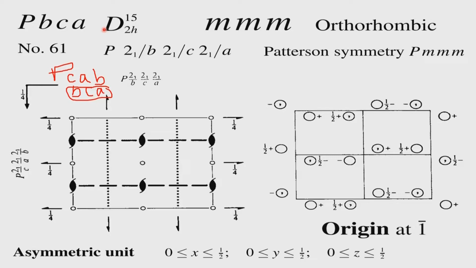So, this is something which you should remember. Whenever you have a situation where the molecule has gone into PCAB, you can either change the symmetry elements and make them into PBCA, or you solve the structure in PCAB, but eventually report in PBCA. All are allowed. It depends upon what you would like to look in that molecule.